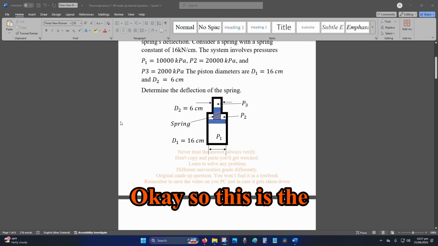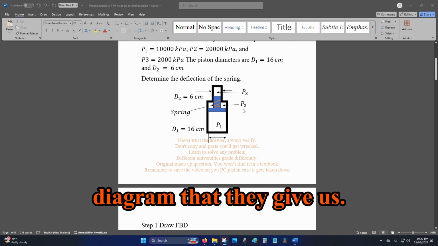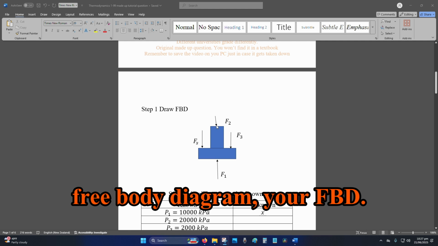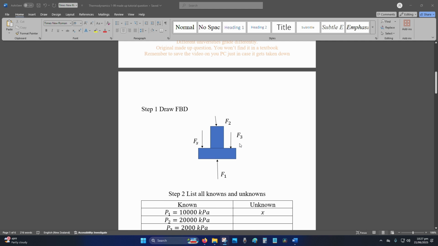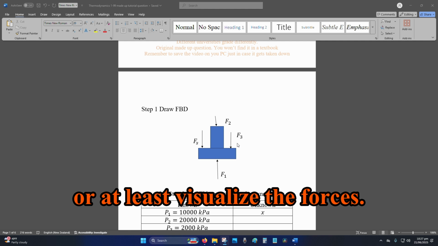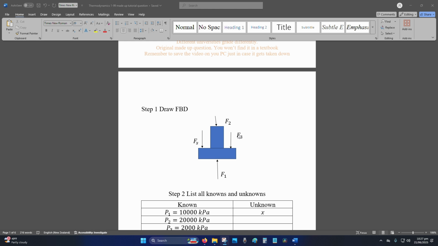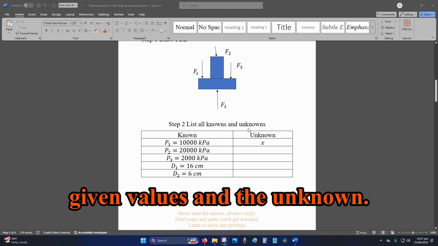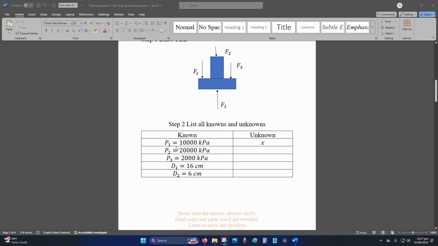Okay, so this is the diagram that they give us. So step 1, draw your free body diagram, your FBD. This will help you visualize the problem, or at least visualize the forces. Step 2, list all the given values and the unknown.